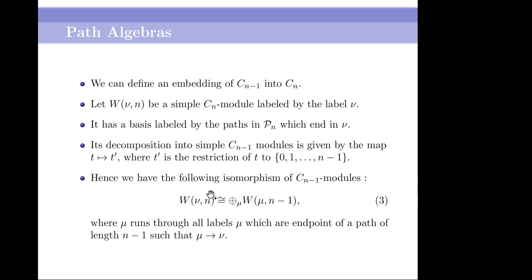And hence we have the following isomorphism of Cn minus 1 modules, where mu will run over all labels which are the endpoint of a path of length n minus 1 such that you can reach nu from mu.